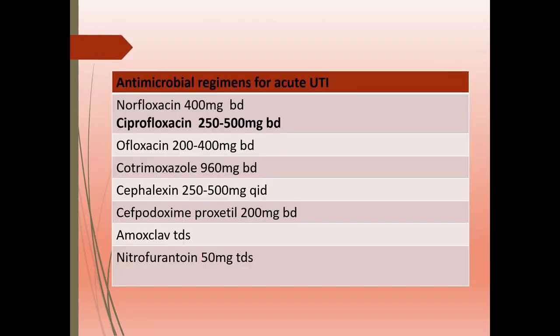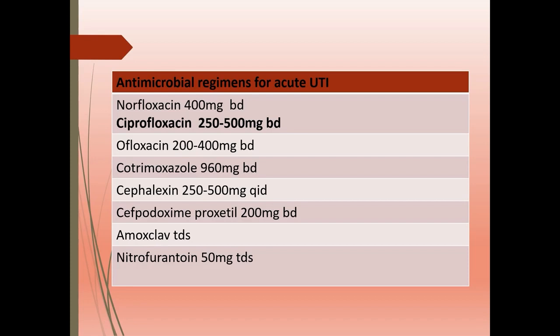So what are the pharmacological measures? We can advise them to take fluoroquinolones, norfloxacin, ciprofloxacin or ofloxacin, or sulfonamides, cotrimoxazole, which is a combination of trimethoprim and sulfamethoxazole, and cephalosporins, especially the first generation cephalosporin like cefalexin, or the third generation cephalosporin like cefpodoxime proxetil, amoxicillin, or urinary antiseptic nitrofurantoin.